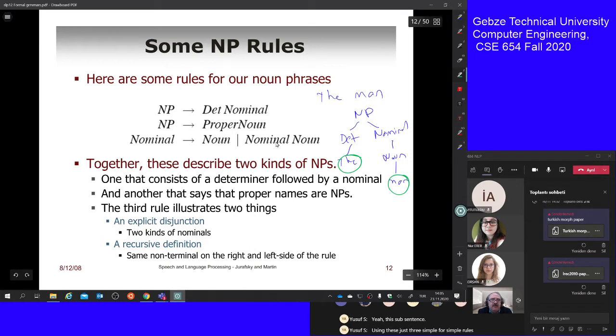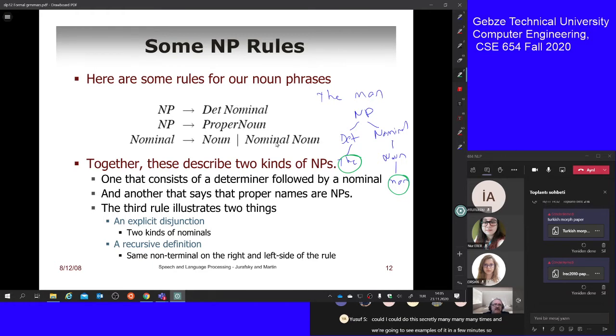This could be considered as maybe a single rule or two rules, because it is either this one or that one. Nominal, and this is important, this nominal thing is recursive. I could do this recursively many times, and we are going to see examples of it in a few minutes.